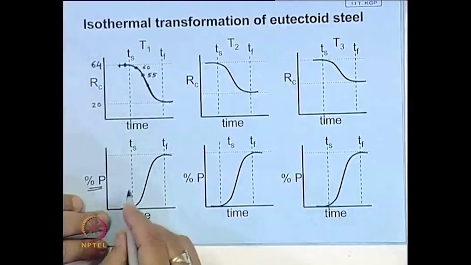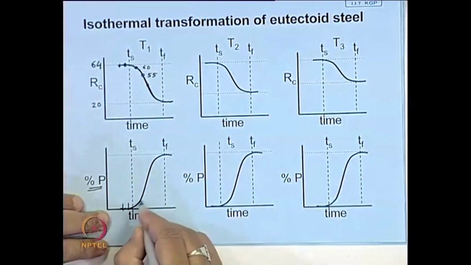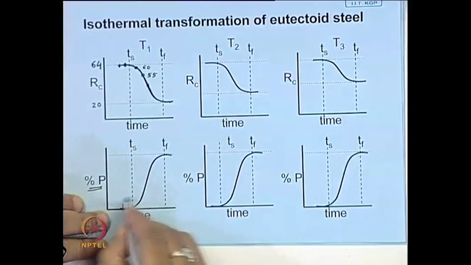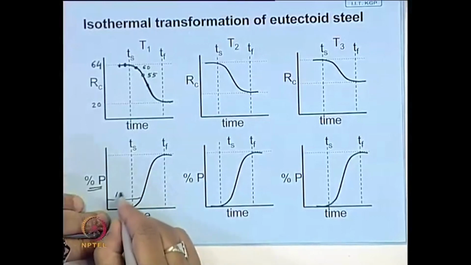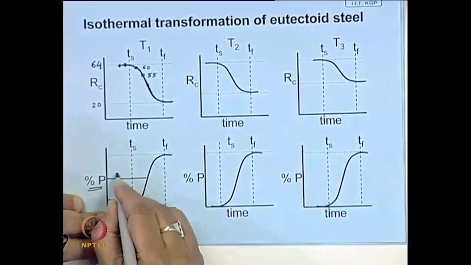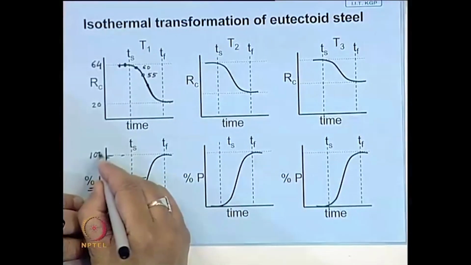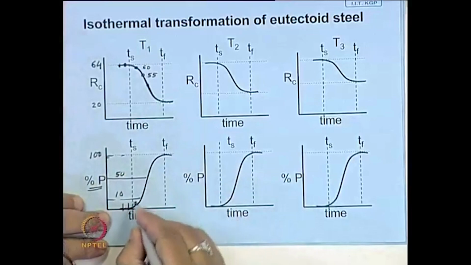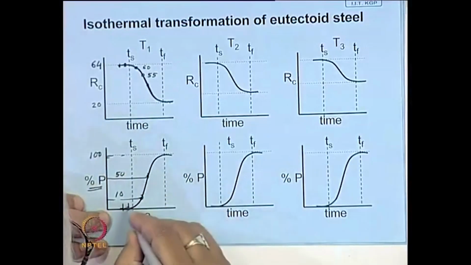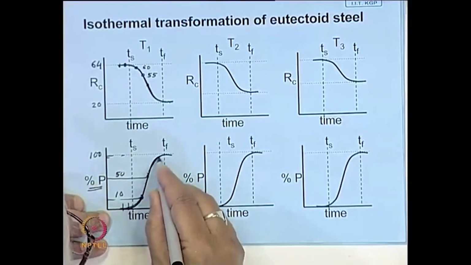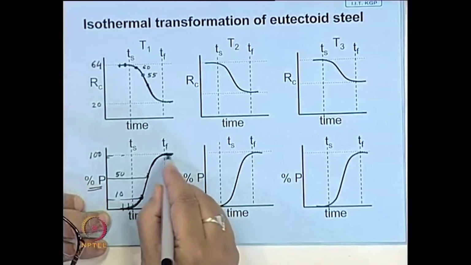For certain cases there is no pearlite, and then the percentage of pearlite goes on increasing. Maybe here it is 10%, here it is 50%, and here it is 100%. And here also if you join these points, you get this type of sigmoidal curve.